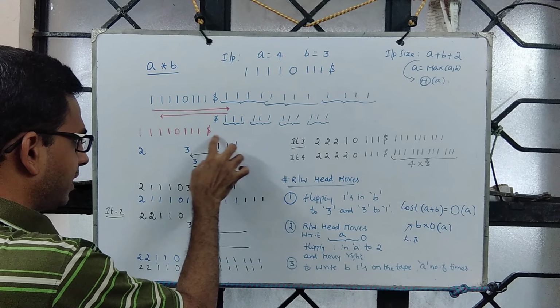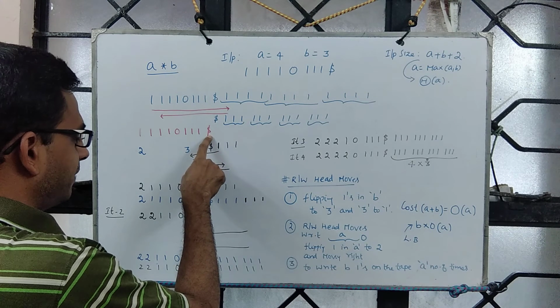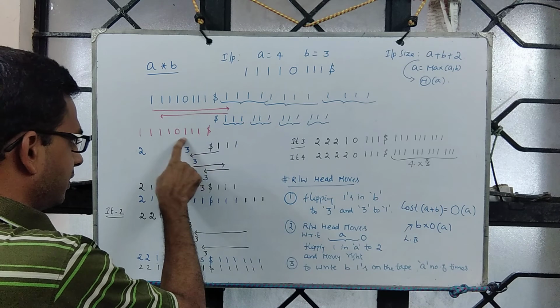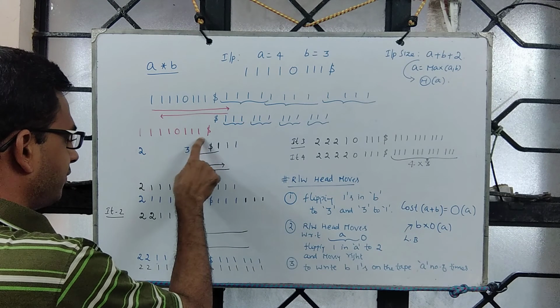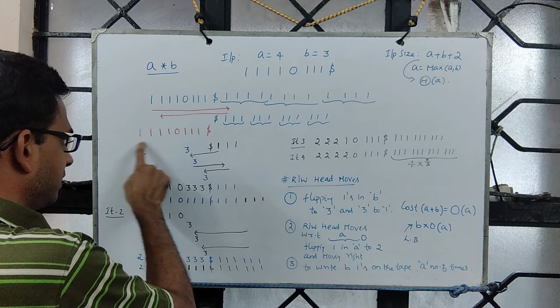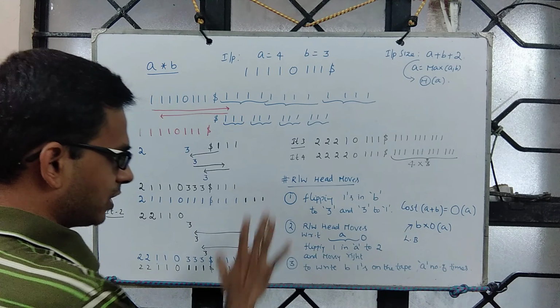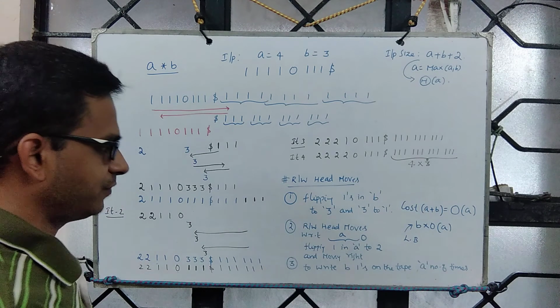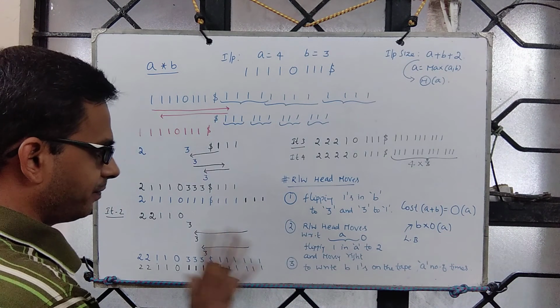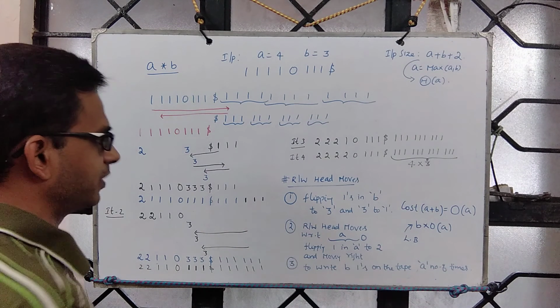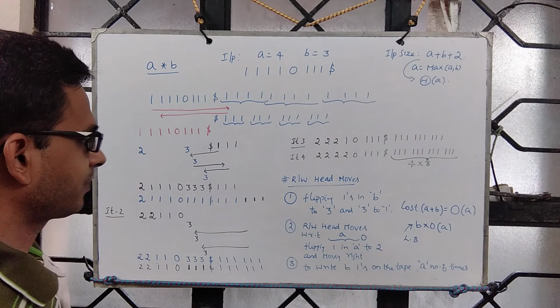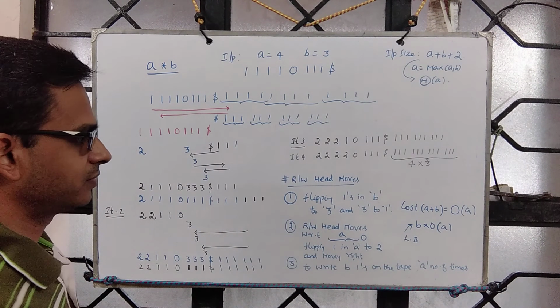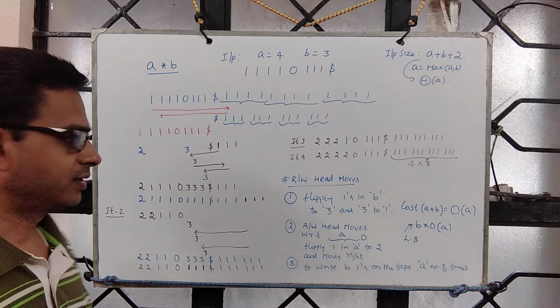Then when you come back, you come until this part, then this occupies some number of moves, then you come back, this occupies another. So total number of read-write moves, if you see, at the top level, you can classify them into 3 categories. We will count each of them to understand this better.